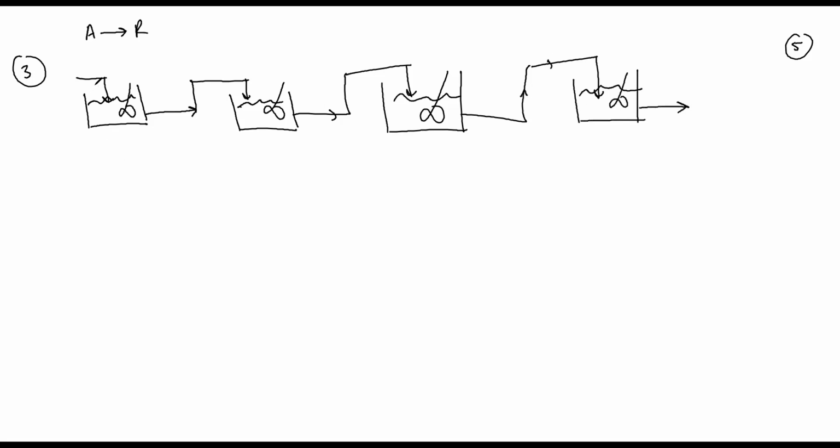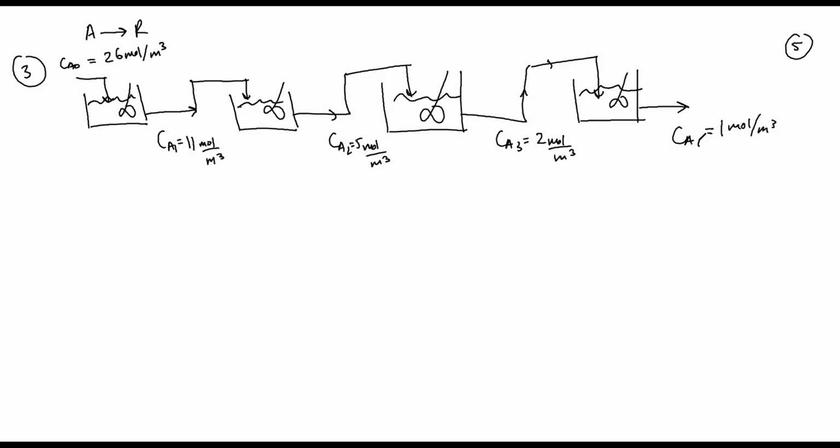You're given some information. Ca0 here is 26 mole per meter cubed. Ca1 is 11 mole per meter cubed. Ca2 is 5 mole per meter cubed. Ca3 is equal to 2 mole per meter cubed, and Ca4 is equal to 1 mole per meter cubed. And tau total is equal to 2 minutes.